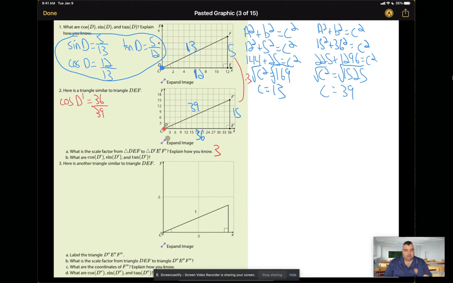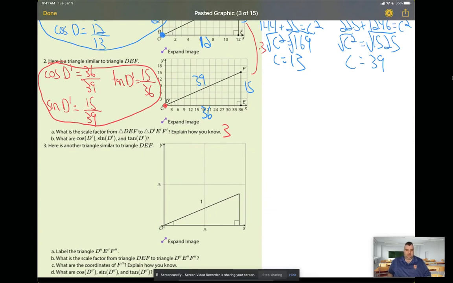Sine of d prime is going to be opposite over hypotenuse. That's going to be 15 over 39. And then tangent of d prime is opposite over adjacent. So that will be 15 over 36. So there's your cosine, sine, and tangent of d prime this time. So that's it for number 2.